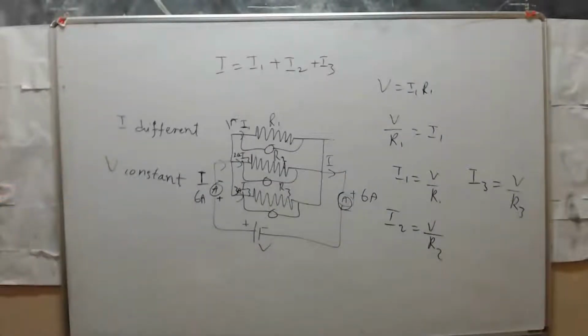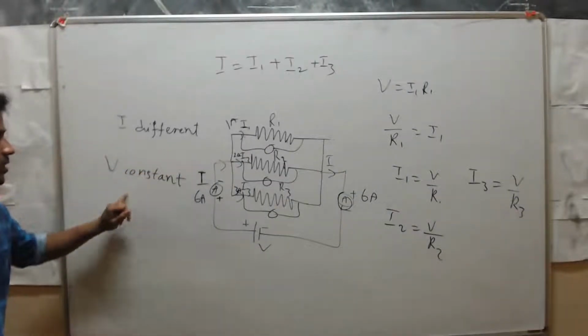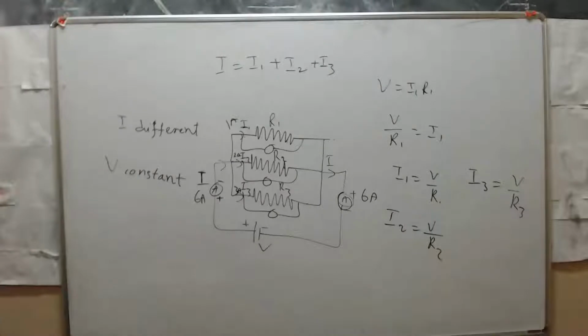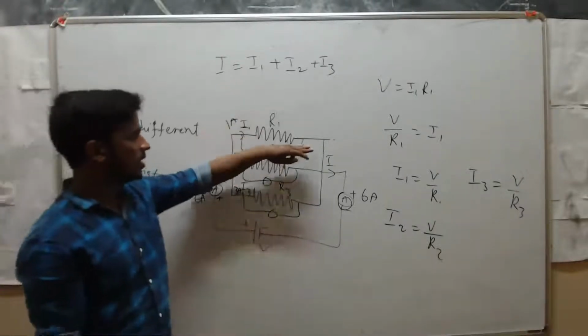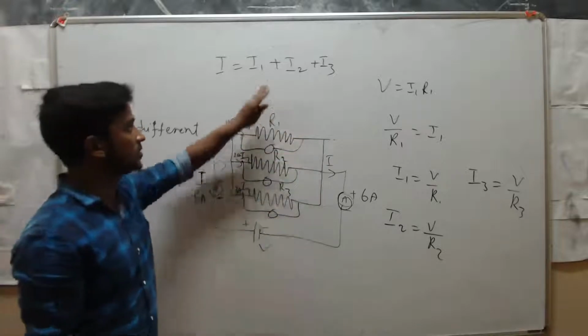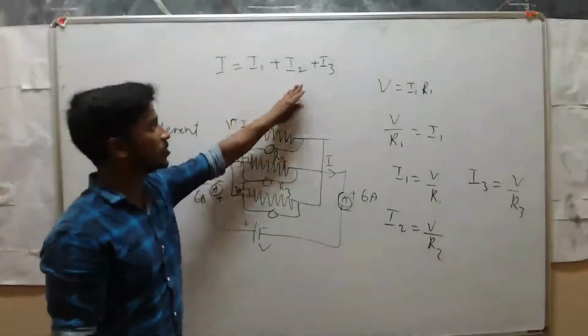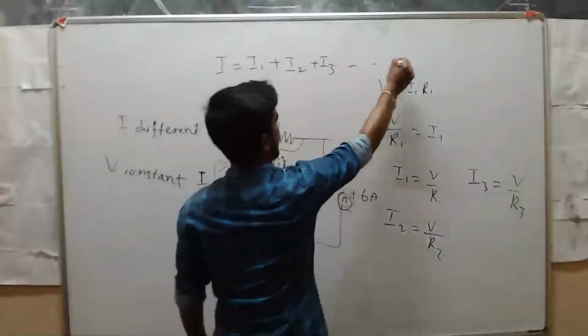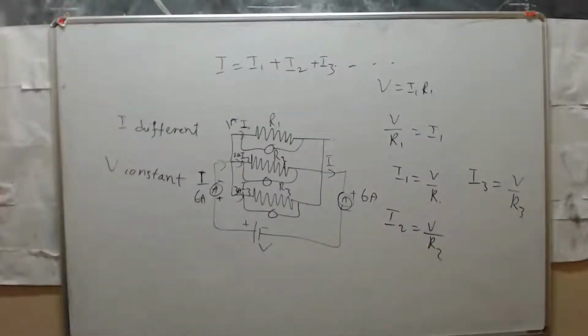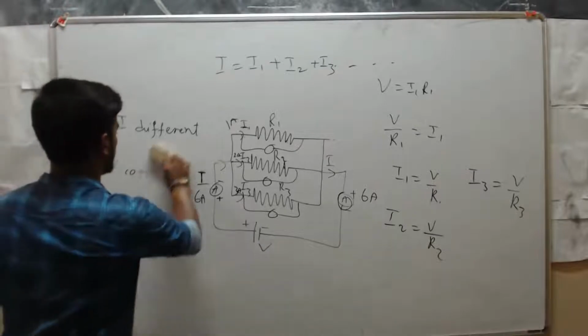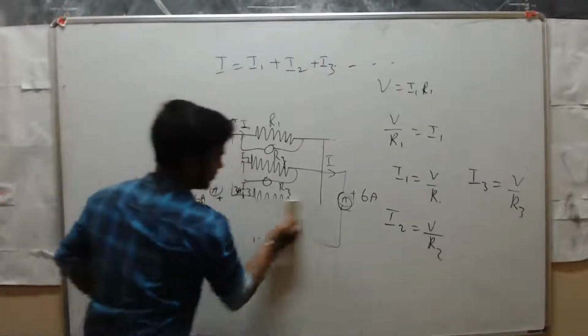So in a parallel circuit, current is different, voltage is constant. And the total current in the circuit is equal to the sum of the currents across individual resistors, that is I1 plus I2 plus I3 and so on. We have discussed everything in the previous class. So now we will directly move to the problems.